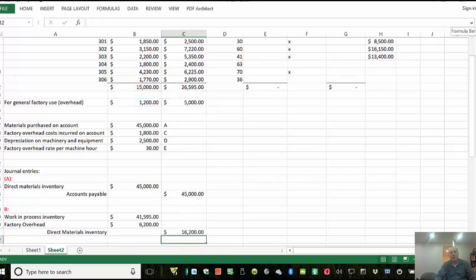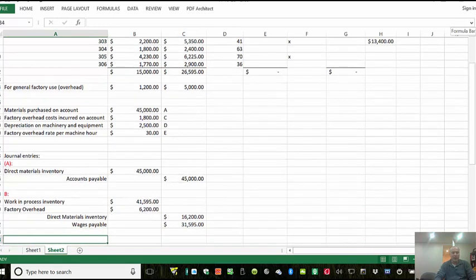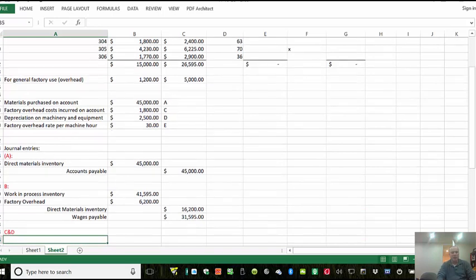These are the direct materials which were used, so they need to be taken out of the direct materials inventory. The rest goes to wages payable, because these are wages that you owe your workers, which is 5,000 plus 26,595. That's part B.